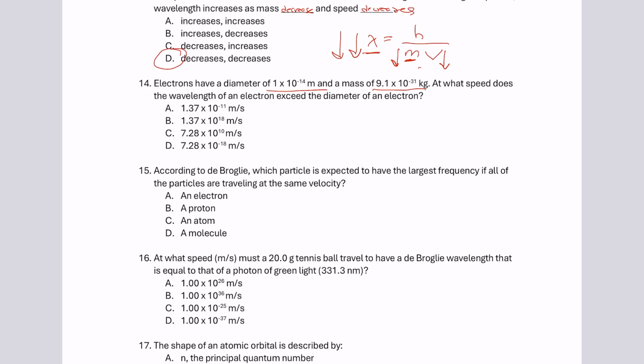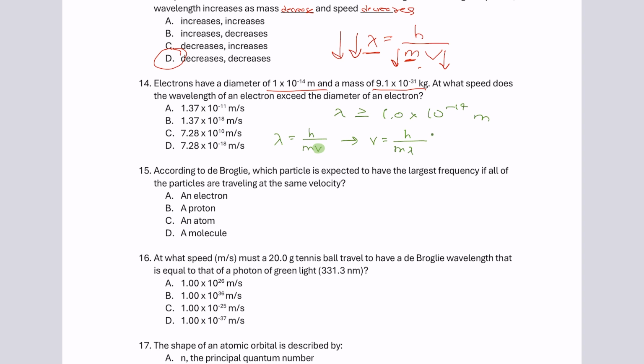We are given that the diameter of an electron is 1 times 10 to the negative 14 meters, meaning that for the electron's wavelength to exceed this value, we set that the wavelength is greater than or equal to this value. Next, we want to take our de Broglie equation and rearrange to solve for speed. So we want to isolate this variable v. v is equal to Planck's constant divided by mass times the wavelength.